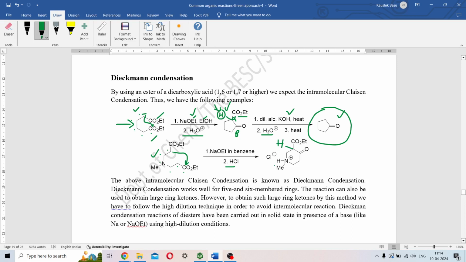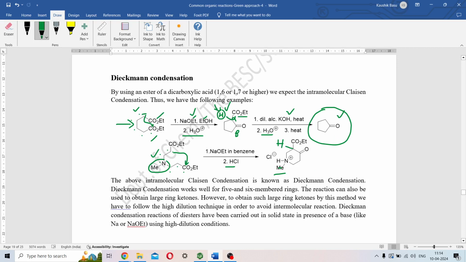And so to get the product, we have to acidify the resulting enolate, and it happens to be so that it also has a tertiary amine which will be protonated under this reaction condition. So I will basically get a hydrochloride salt.